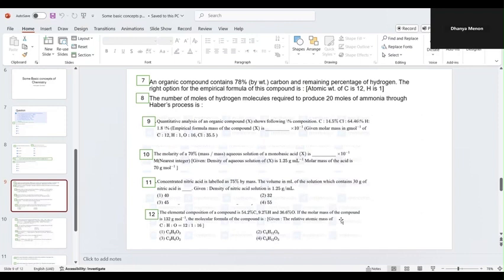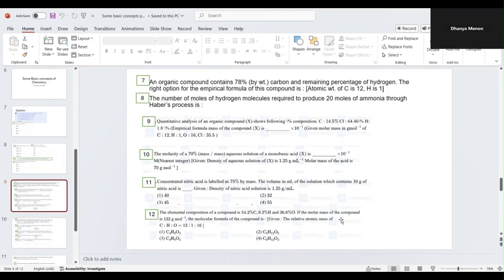Now, question number 10. This type of question we have already done before during the lessons. In this, the molarity of 70% mass by mass. In the class, we did it as weight by weight percentage. I told you there also, they can write it as mass by mass percentage.